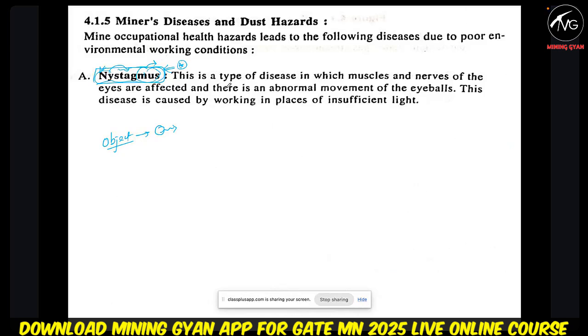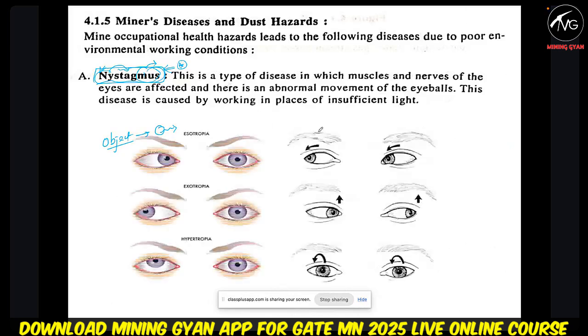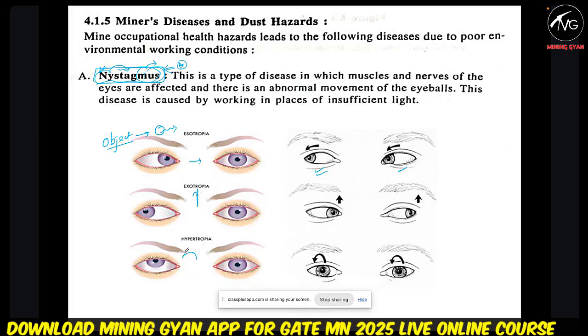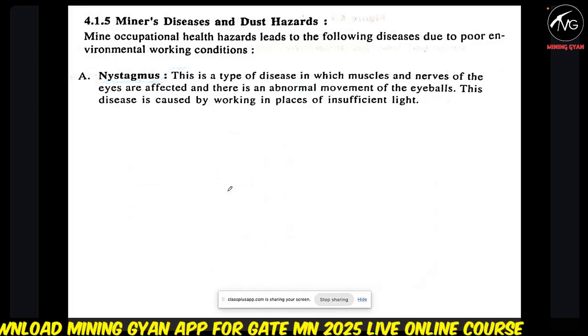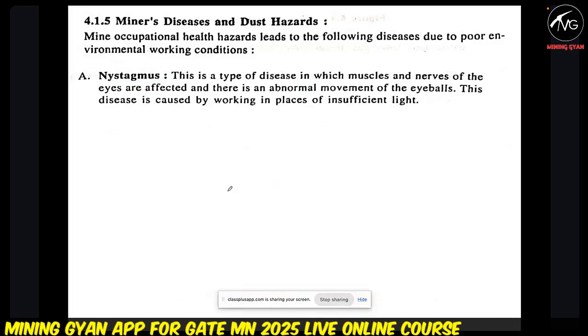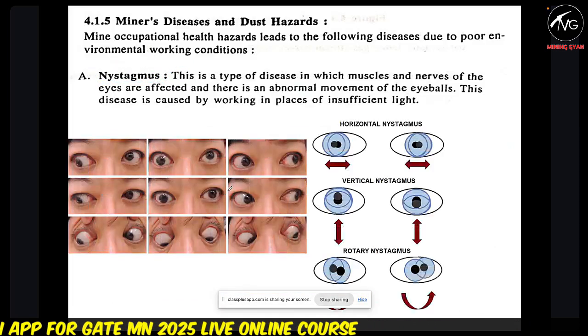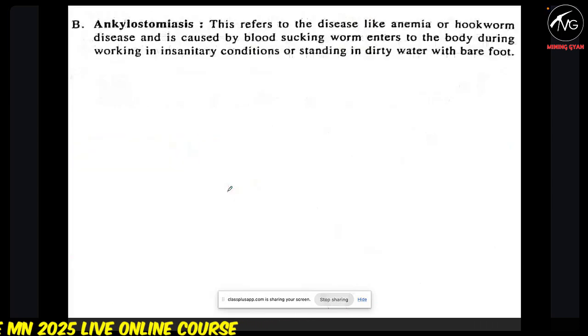What is the nystagmus? I told you nystagmus is related to eye disease, where it will be three types: horizontal, vertical movement, and circular movement. We have seen lot of images like these. These are the nystagmus.